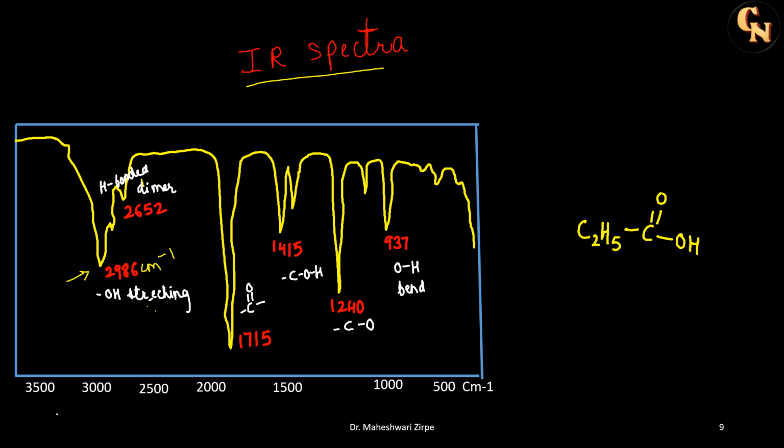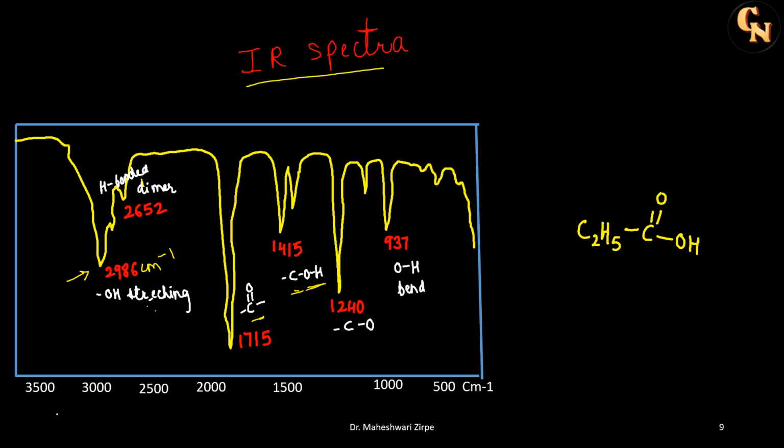Then 1715 is always for carboxylic acid C double bond O. Then 1415 indicates COH stretching. 1240 indicates CO stretching. 937 indicates OH bending.